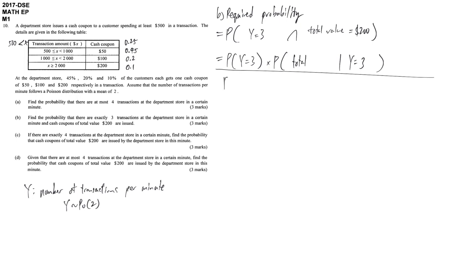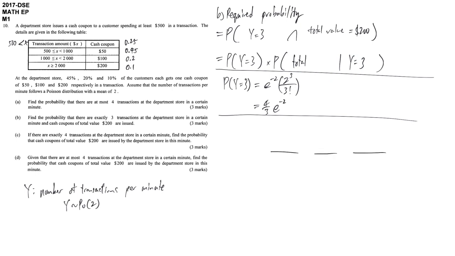Again, we are going to break down the calculation. The first part, Y equal to 3, is easy. It's just e power of negative 2, 2 power of 3 divided by 3 factorial, which is 4 over 3 e power of negative 2. The most difficult thing is to handle this conditional probability. Given that Y equal to 3, that means there are 3 spaces, each space representing the cash coupon of each customer that they get.